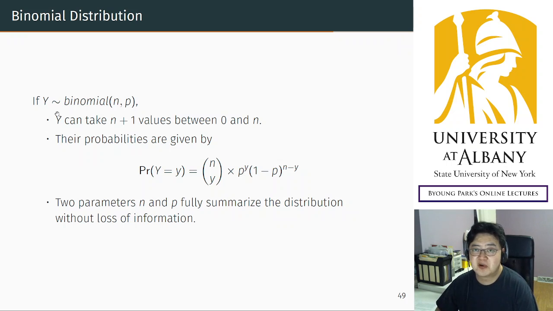y, which is the number of successes, can take n plus 1 different values because it can take at minimum 0. So if there is no success, y will be 0. And if everything is success, then y will be n, which is the maximum. So from 0 to n, there are n plus 1 integers. So the random variable y takes on n plus 1 values.